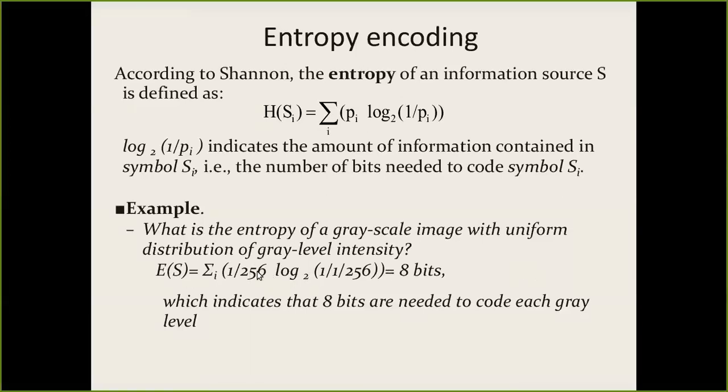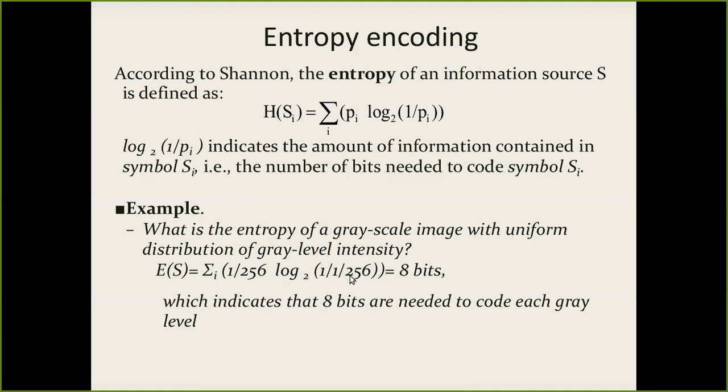So this 256 is cancelled by the 1 over 256 that we multiply every color by. So finally, we are only calculating the logarithm of 1 over 1 over 256 to the base 2.